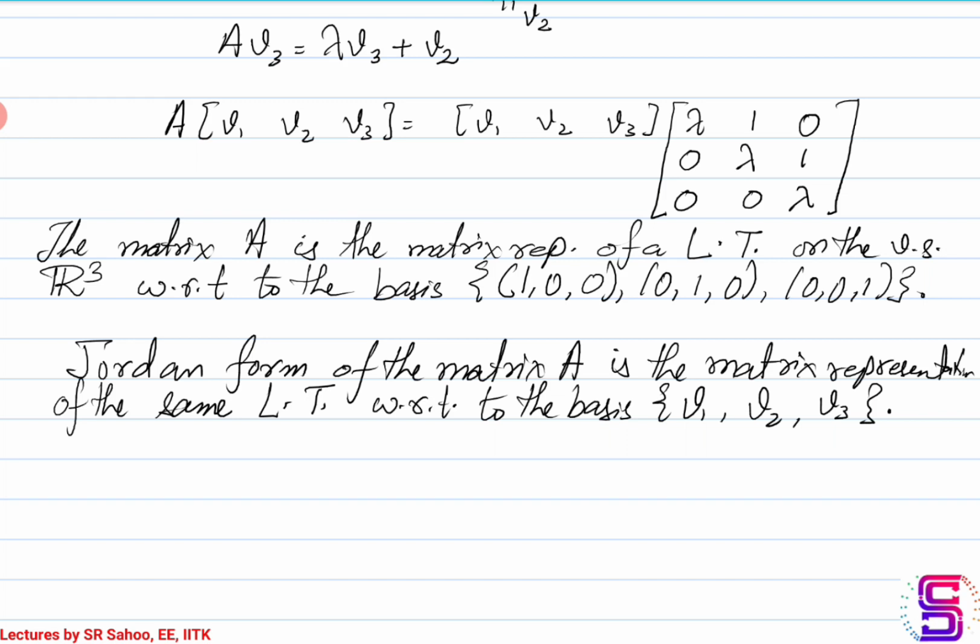So what you essentially have is, if you remember, we had a basis X and a basis Y for a vector space V, and then matrix representations A_X and A_Y.